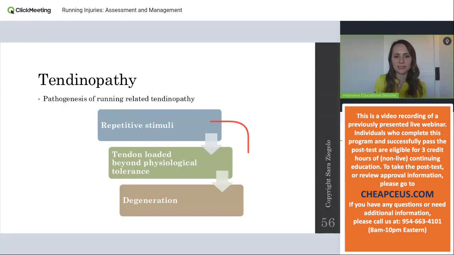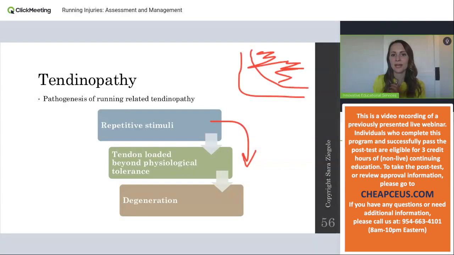So we get a repetitive stimuli, which takes us to the tendon being loaded beyond the physiological tolerance. And I just want to reference back, right, our stress strain curve. So if we go above that curve in this section, that's where we're going to start to get that tendon loaded beyond its tolerance. And the result is degeneration of the tendon. That's where that tendinopathy terminology is going.